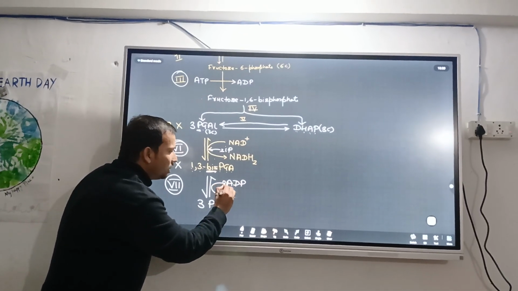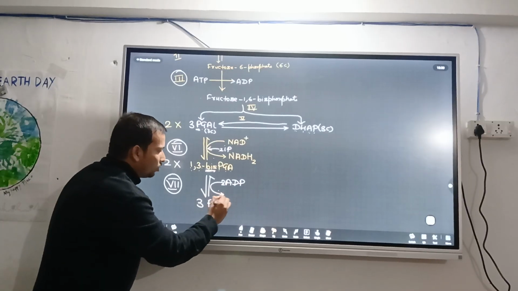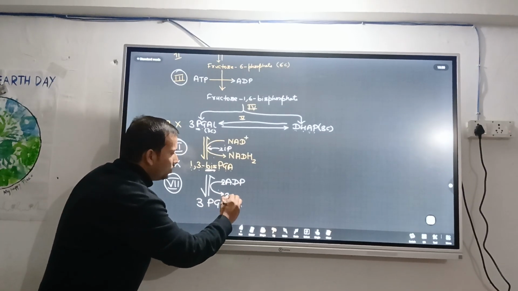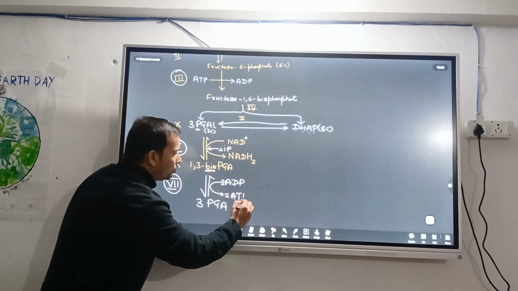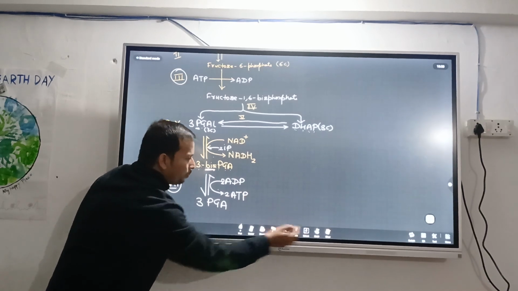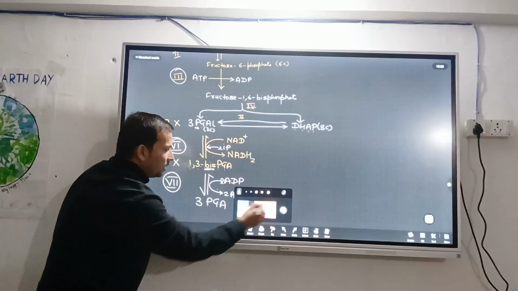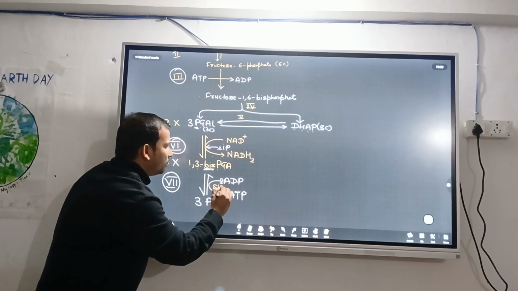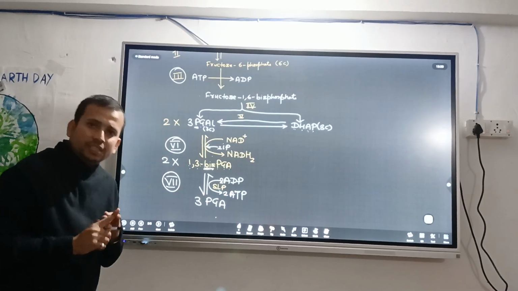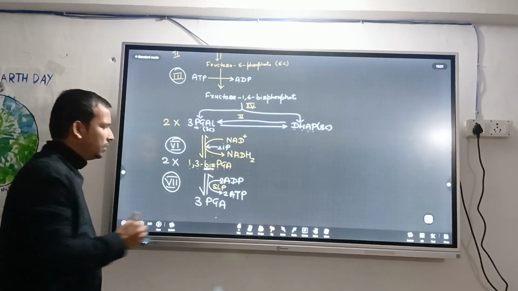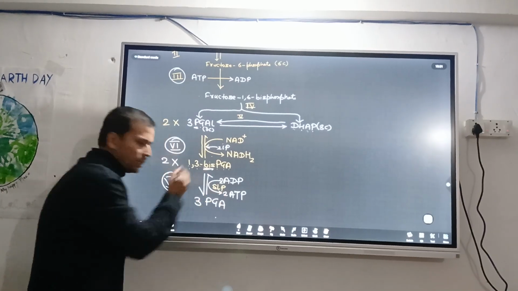So here 2 ATP are produced. Sir, which process here? SLP. What is SLP, sir? Substrate level phosphorylation.